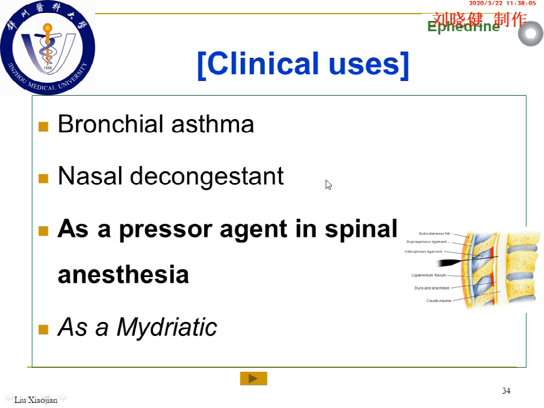Because of vasoconstriction caused by alpha-1 receptor activation, this drug can be used as a nasal decongestant, applied to the local area of the mucous membrane of the nose, because of the vasoconstriction caused by ephedrine, to correct the mucous membrane edema in the nose and to improve breathing. When some patients have a cold like that, it's very helpful.